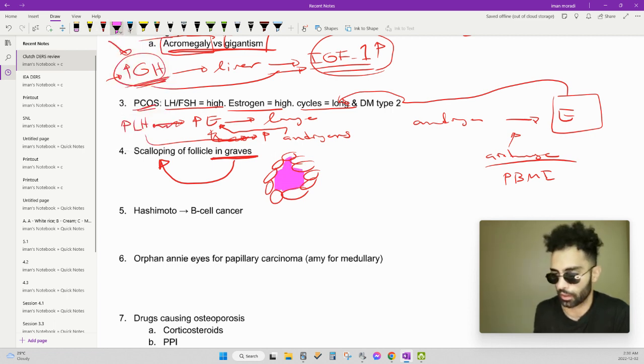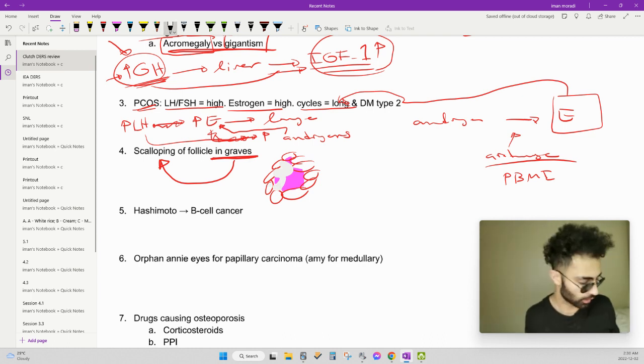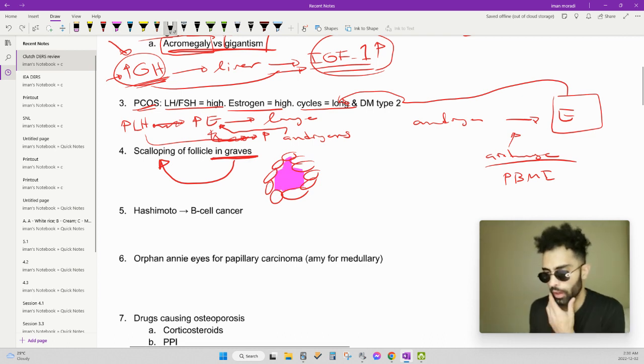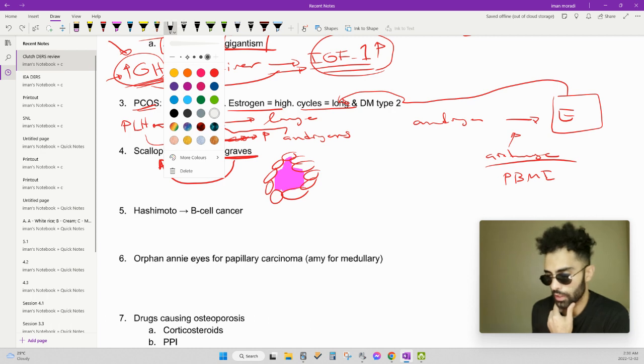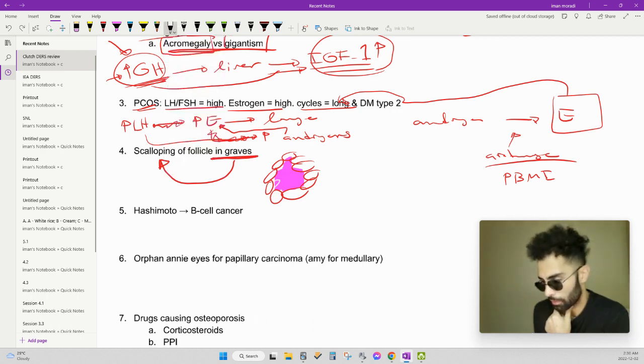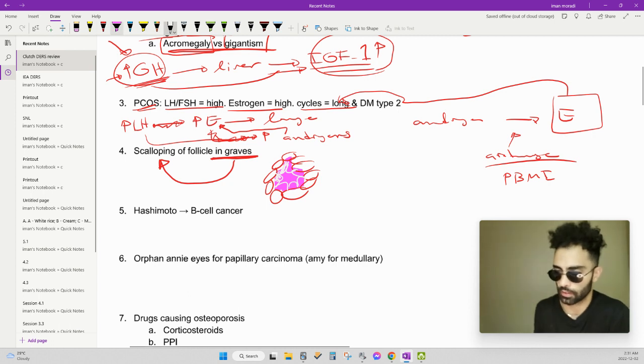When you have scalloping, there'll be these white gaps, like it's a little too thick. I encourage you to go look at a histology slide in case there's a histology question, but there will be gaps between the cells and what's inside the follicle, right? It's called scalloping.